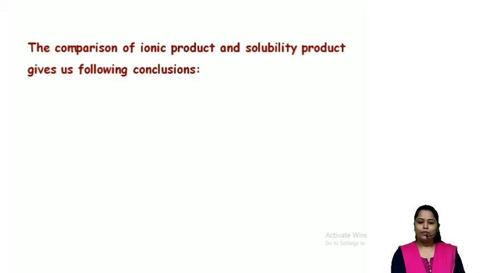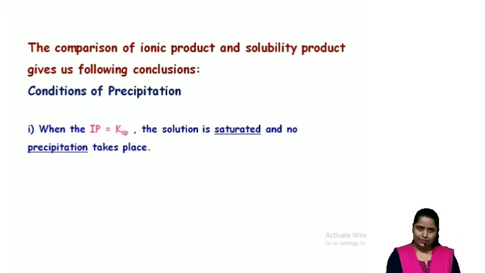The comparison of ionic product and solubility product gives us the following conclusions. First, when ionic product is equal to solubility product Ksp, then the solution is saturated and no precipitation takes place.